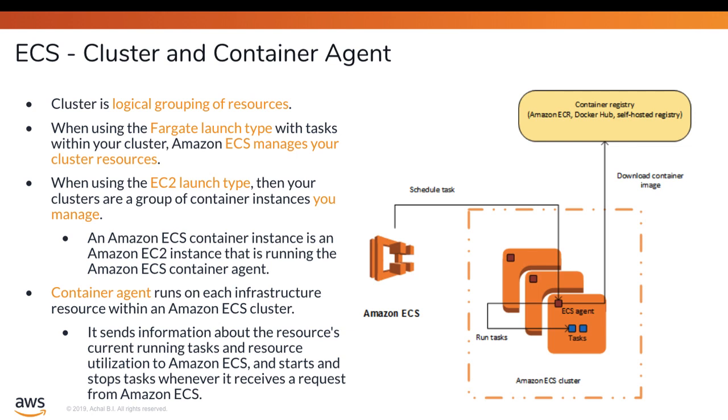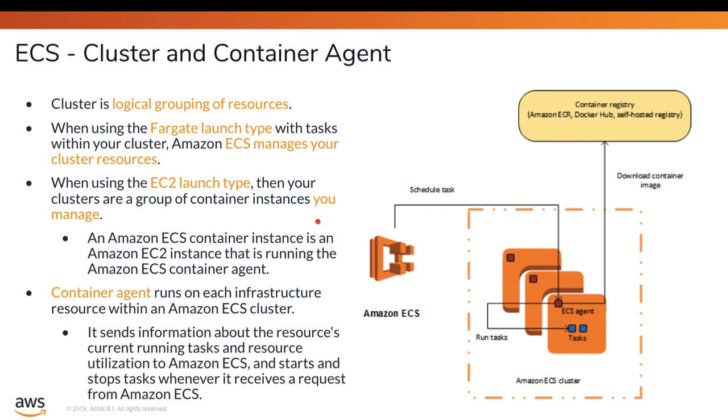It means that it would contain many EC2 instances as part of it, and each EC2 instance would contain an ECS agent in it, whether you're launching through Fargate or EC2 launch type. The ECS agent would be installed in each EC2 container instance.